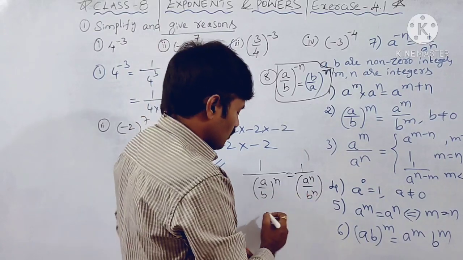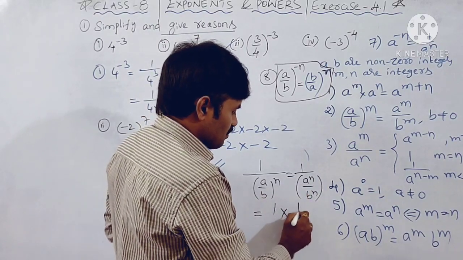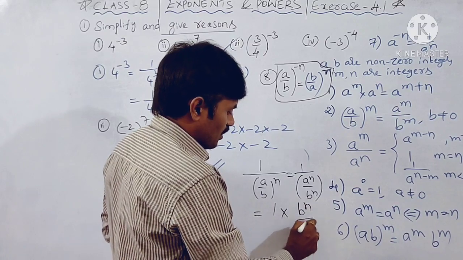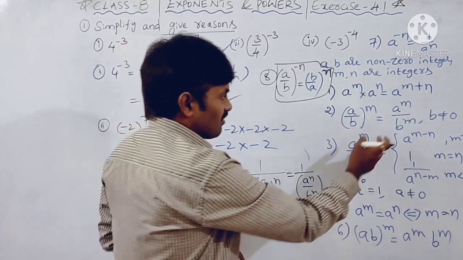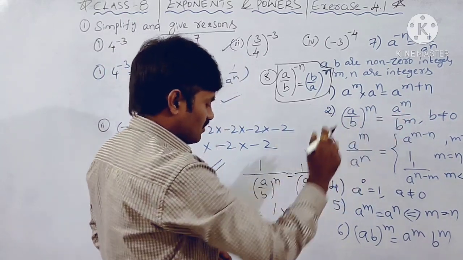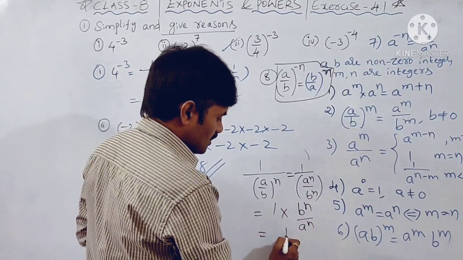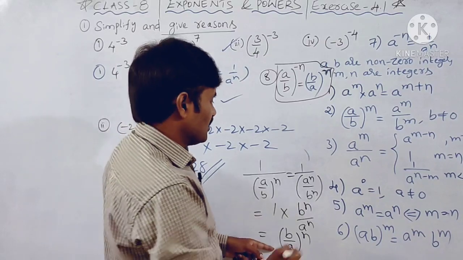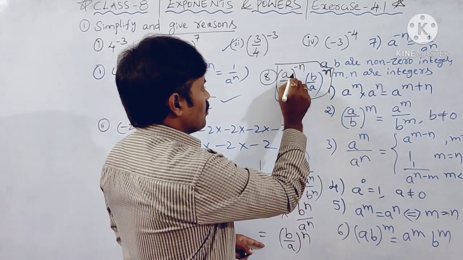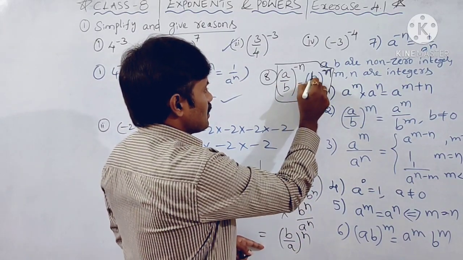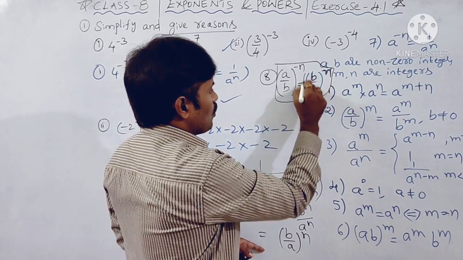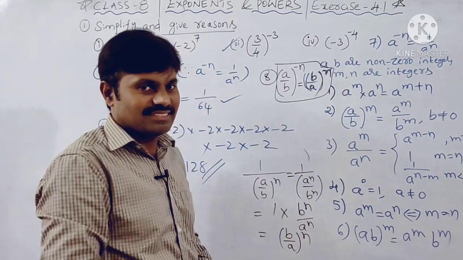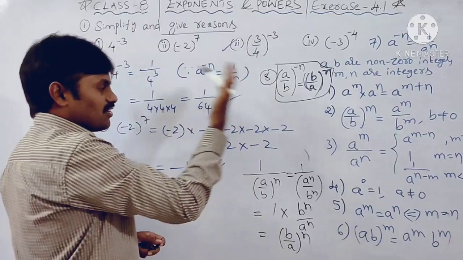If we send it to the numerator, it becomes a reciprocal of it, so b power n by a power n. Again we apply this formula from right to left. Then 1 into something is something, so it can be written as b by a whole to the power of n. Clear? So a by b whole to the power of minus n can be written as b by a whole to the power of plus n. We are going to apply that formula here.